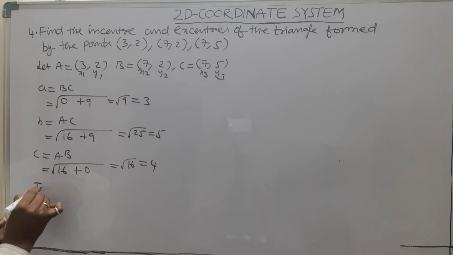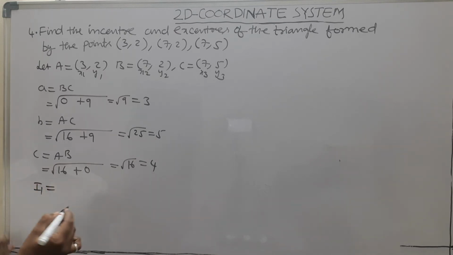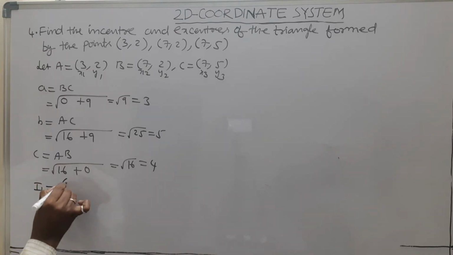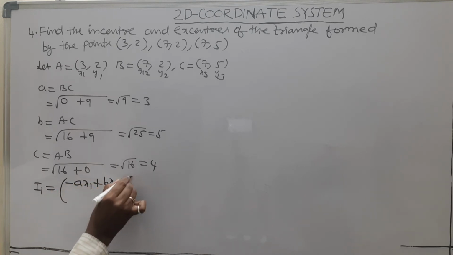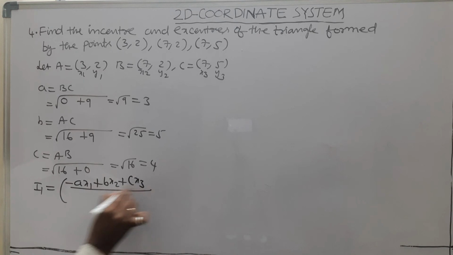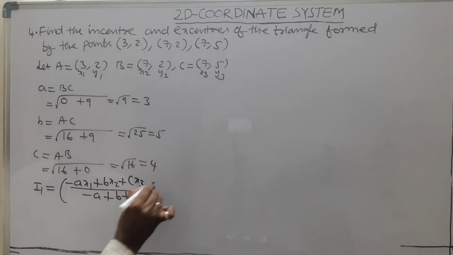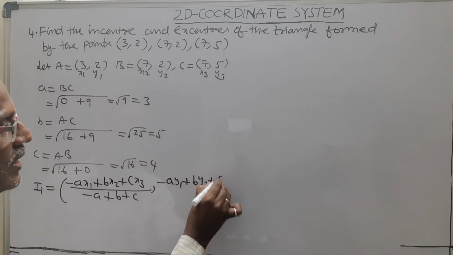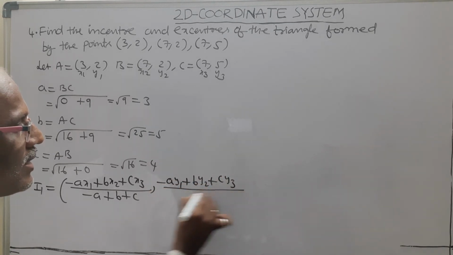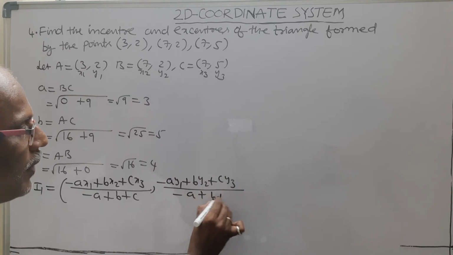I1 is the excenter opposite to vertex A. The formula is (minus ax1 plus bx2 plus cx3) by (minus a plus b plus c), comma (minus ay1 plus by2 plus cy3) by (minus a plus b plus c).